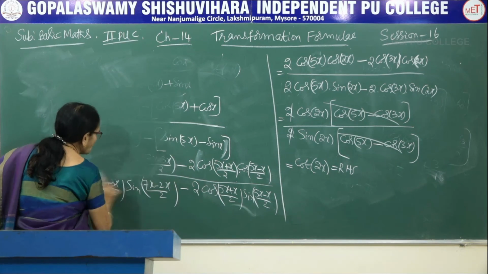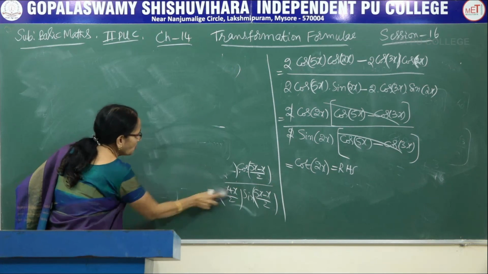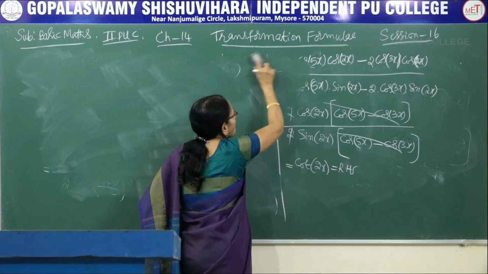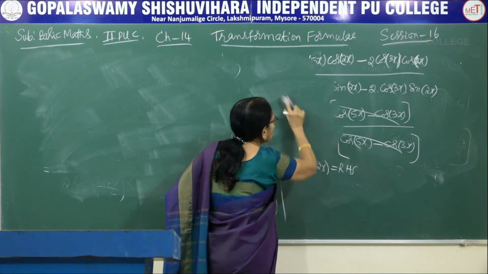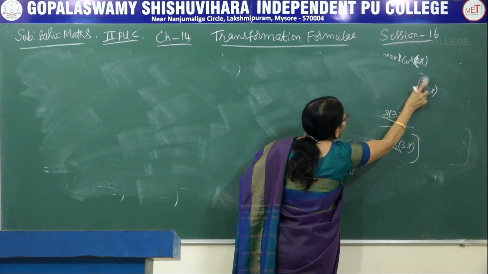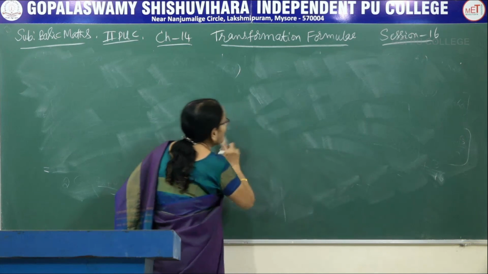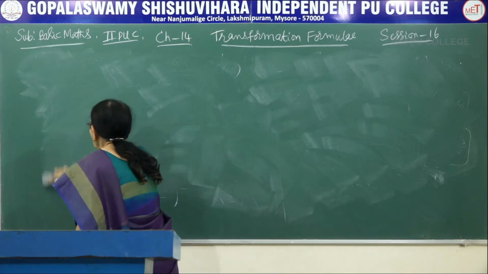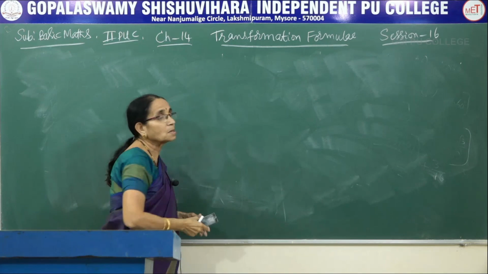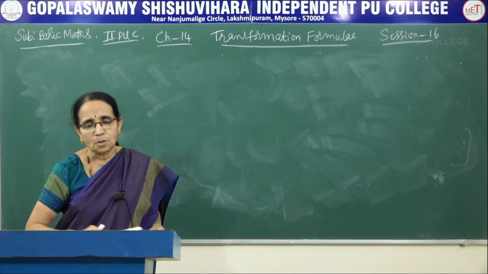We apply the transformation formula, we simplify them and we take out the common factor, and finally after taking out the common factor, some 2 terms are getting cancelled. One is the number 2 and other is a trigonometric expression. So finally we arrive at the result cos of 2x divided by sin of 2x, which is nothing but the right hand side, that is equal to cot of 2x.